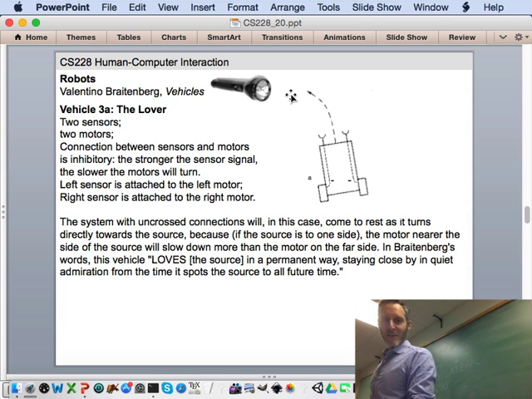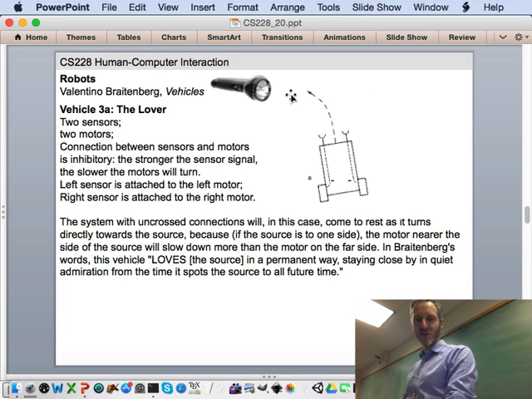The system with uncrossed connections will, in this case, come to rest as it turns directly towards the source. In Braitenberg's words, the vehicle loves the light source in a permanent way, staying close by in quiet admiration from the time it spots the source to all future time. This is a world-renowned neurophysiologist using this very loaded language.